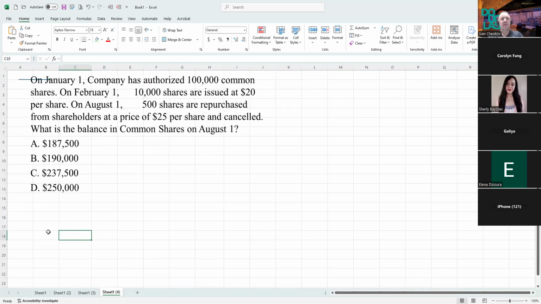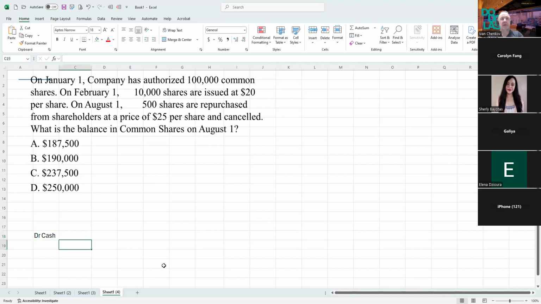Okay, so let's think about it. First, on February 1st, give me the journal entry quickly. Debit, what are we going to get? I'm looking for quickness here. Cash.